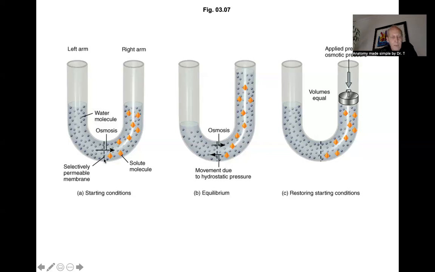The membrane will stop them. But the same membrane would not stop the movement of water molecules that move from the side where solute is less concentrated to the side where solute is more concentrated. So water molecules would move, they would be attracted towards the higher concentration of solute.